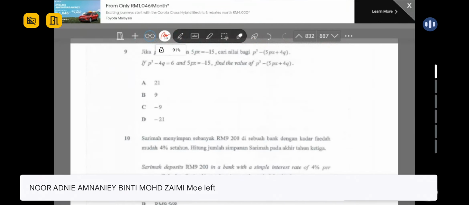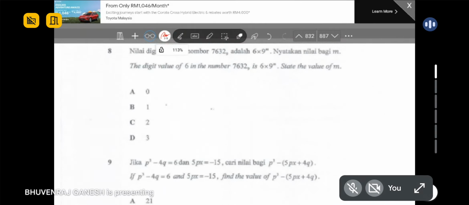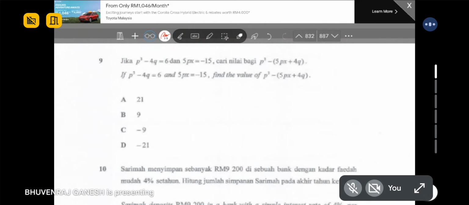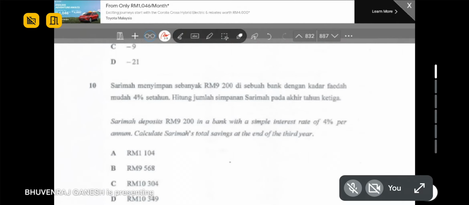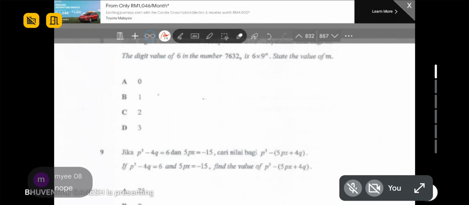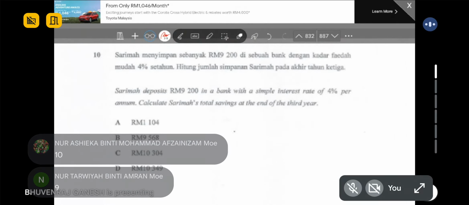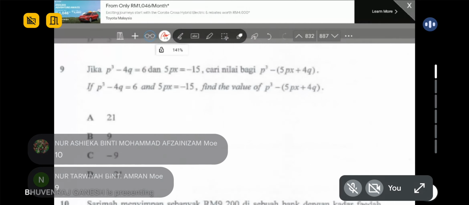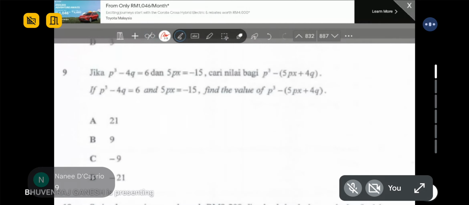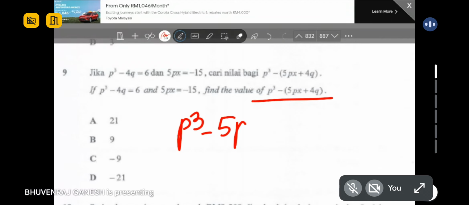Question 8, 9, 10. Any questions over here? 8, 9, 10. Ada apa-apa soalan? If none means we skip. Kalau tak ada apa-apa, we go 9 and 10. Okay. So for this question, they ask you find the value of this one. Cari nilai ni. So you just expand lah guys. Kembangkan. Okay, so minus 4Q.